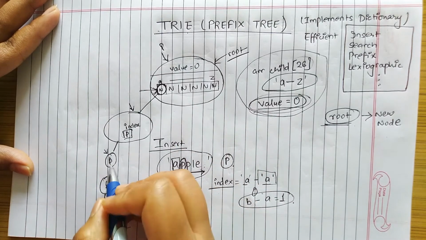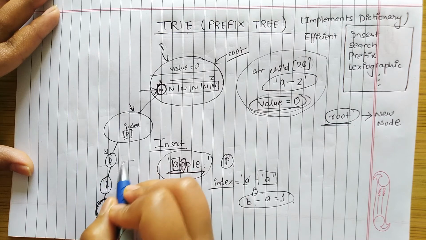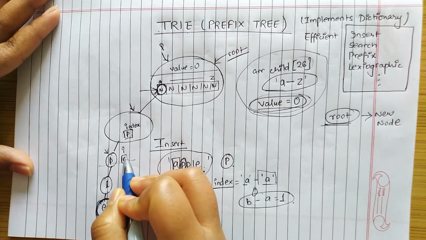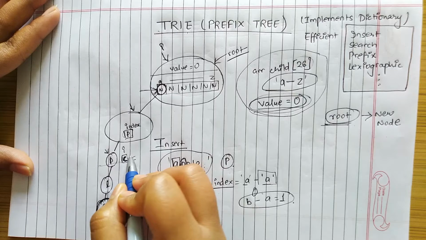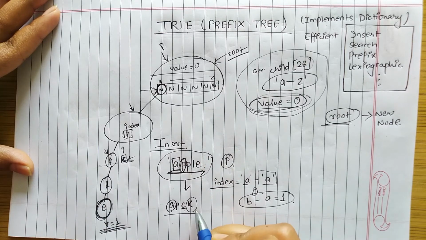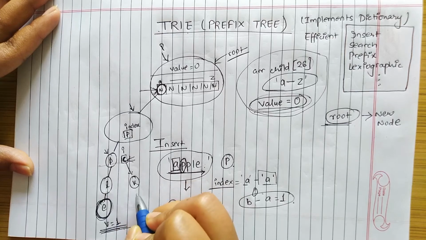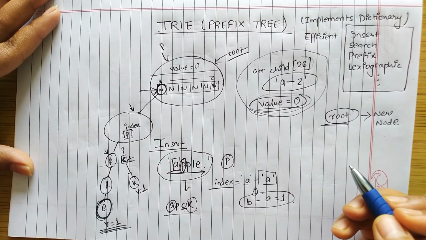And for c, it will see that c is not present. So inside the c index it will store c, and then it will start pointing to c. After c comes k. So it will make a new node of k over here and make the value 1.